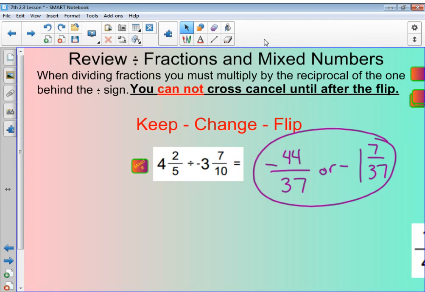Okay, so you should have gotten -44/37, or if you changed it to a mixed number, -1 7/37.